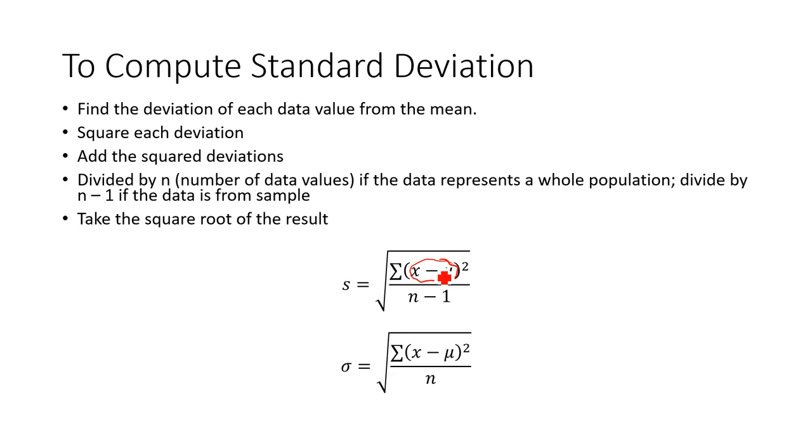So we're going to take our data point minus the mean. That's step 1. And then after we do that, step 2, we are going to square the result. Then we are going to add up all the squared deviations. That's what this sigma stands for. It means add up. So we're going to add up all those squared deviations.